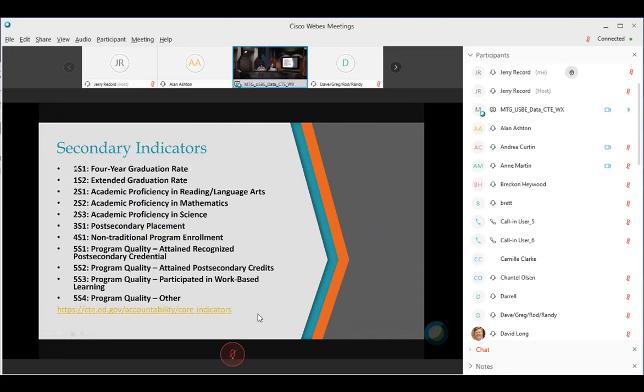We can choose between the 4-year grad rate and the extended grad rate, and I believe we're going to stay with the 4-year. 2S1 is academic proficiency in reading language arts, and 2S2 is academic proficiency in mathematics; we're used to those. The new one here is 2S3, academic proficiency in science. So that's a new indicator.